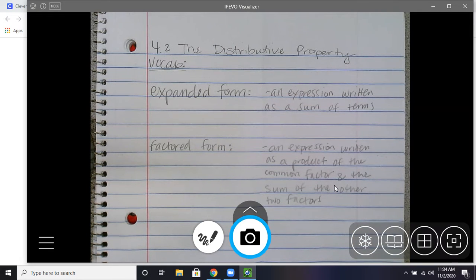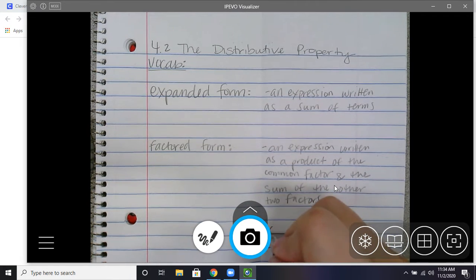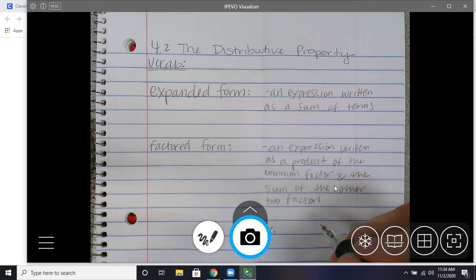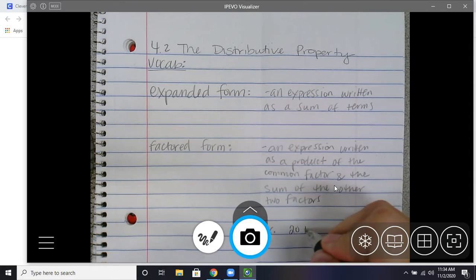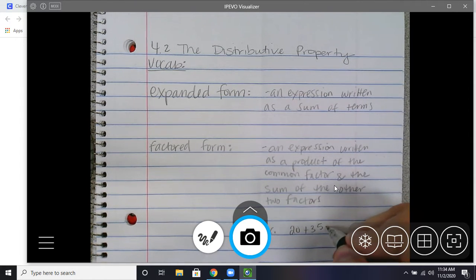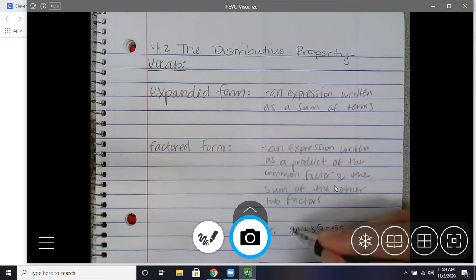So then they show you a picture and they show you 20 plus 35 equals 55. So these are all integers, right? All three of these are positive numbers.